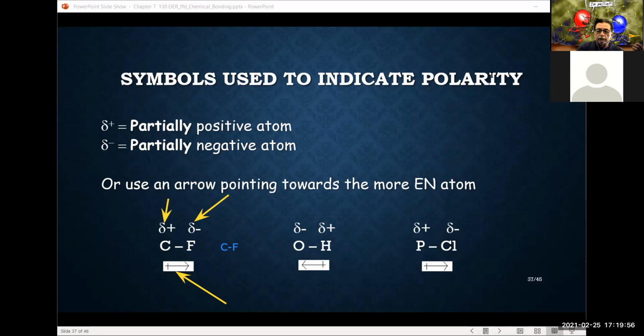So one last one is the phosphorus and the chloride. We have to determine, okay, which direction do we draw the arrow? Well, we're going to find out who is the more electronegative. We look at phosphorus, we look at chloride on the periodic table. We find that chloride is a lot closer to fluorine, right below fluorine.